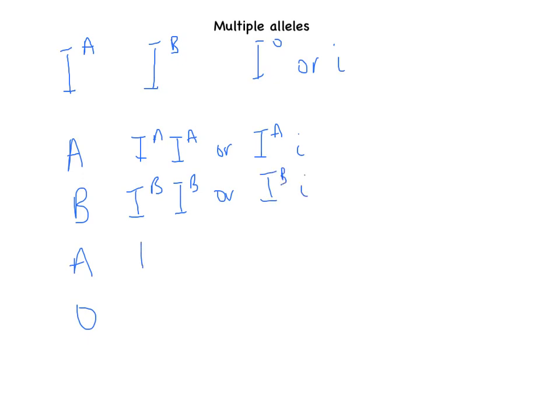Then AB is I^A I^B, and O is the recessive, so little i, little i. This means that if you had these 2 parents, you could end up with each of the blood groups in the F1 phenotype.